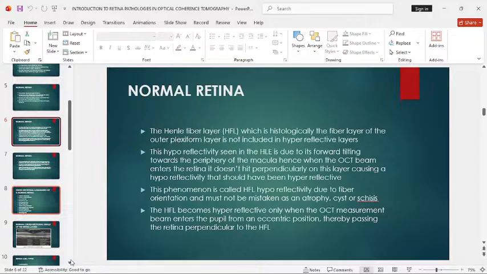So the Henle fiber layer becomes hyperreflective only when the OCT measurement beam enters the pupil from an eccentric position, thereby making the beam perpendicular to the Henle fiber layer. So in this case, when the probe enters in an eccentric position, we will notice that the Henle fiber layer becomes hyperreflective, which used to be hyporeflective.